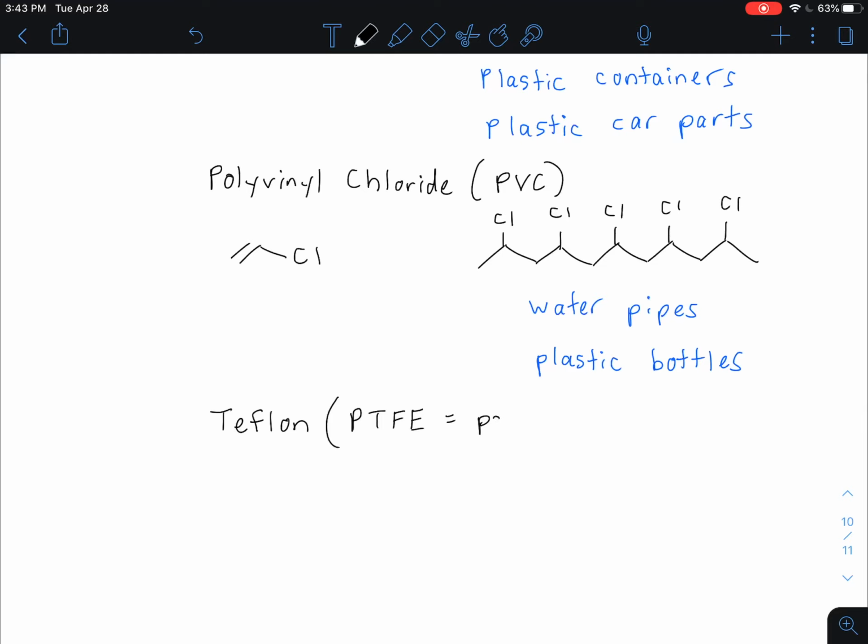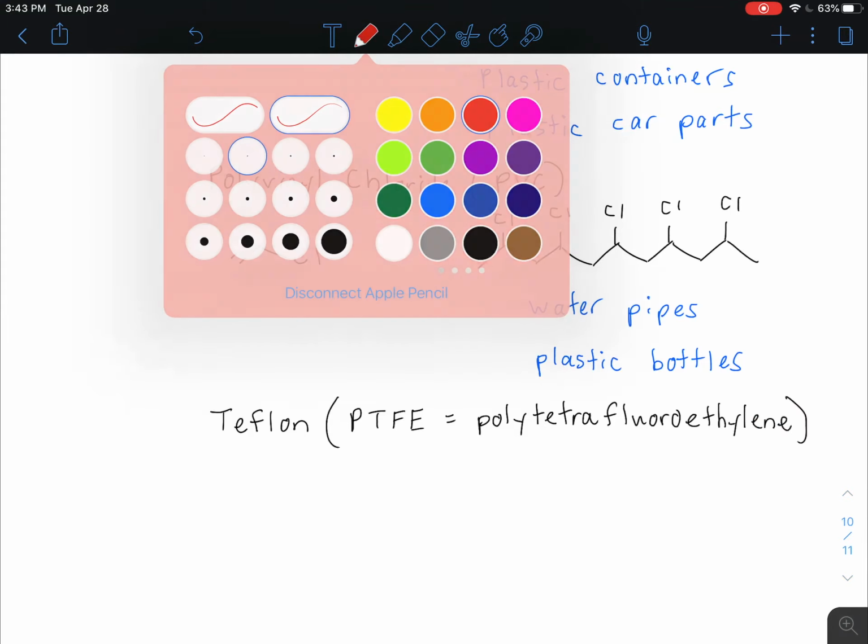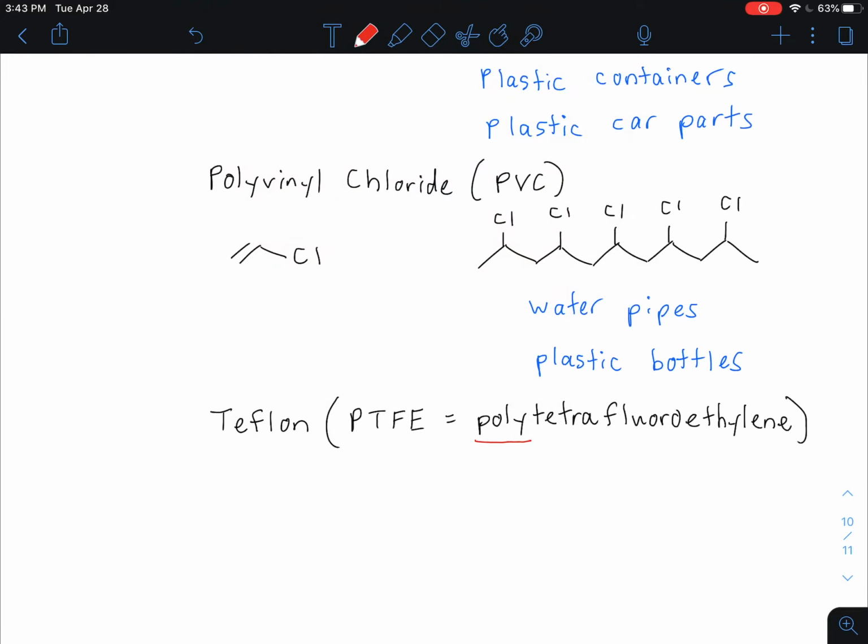And Teflon's real name is PTFE. Teflon is the proprietary name, and this is polytetrafluoroethylene.